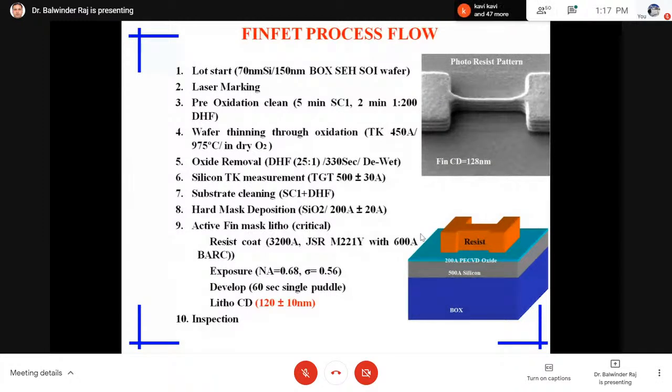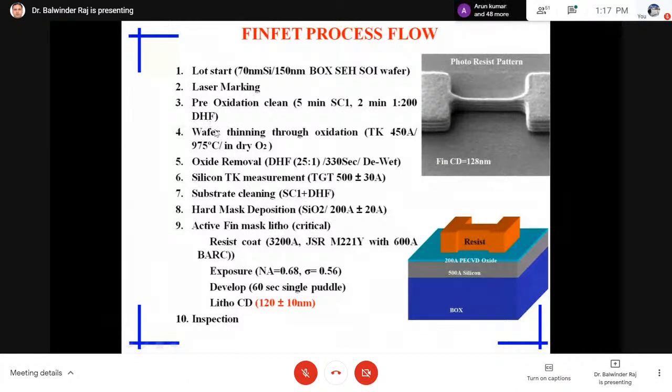For how much time we have applied this chemical or bias voltage is specified. So we start with 70 nanometer of silicon and 150 nanometer box. Then for the pre-oxidation cleaning, 5 minutes we use this material, and this is 1:200, 2 minutes for the DHF.